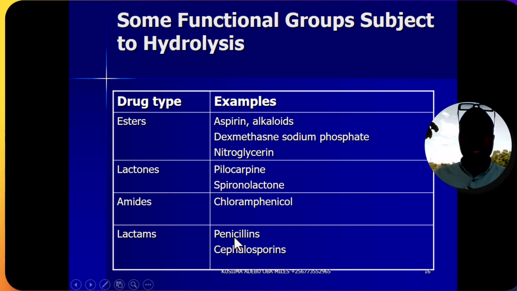If you open the bottle of amoxicillin, which is a penicillin, after manufacture they are packed as powders, but they are not packed with water or as a solution. So meaning you as a user, you have to first reconstitute them prior to administration. You first add water to them and shake them.